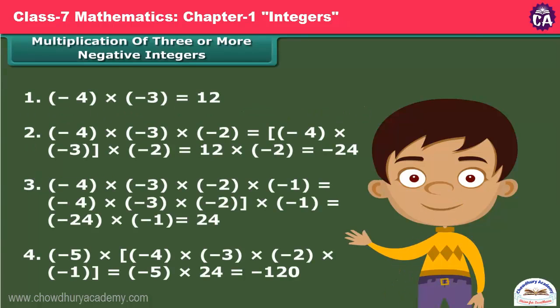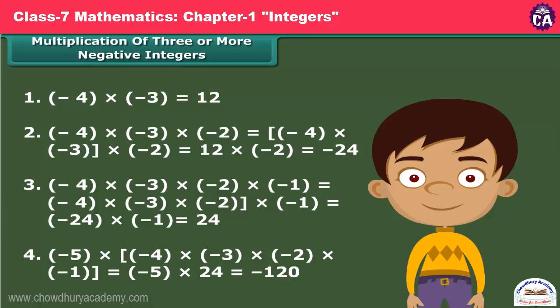We can see that in first and third examples, the number of negative integers that are multiplied are even, 2 and 4 respectively, and the product obtained in 1 and 3 are positive integers. And the number of negative integers that are multiplied in 2 and 4 are odd, and the products obtained in 2 and 4 are negative integers.